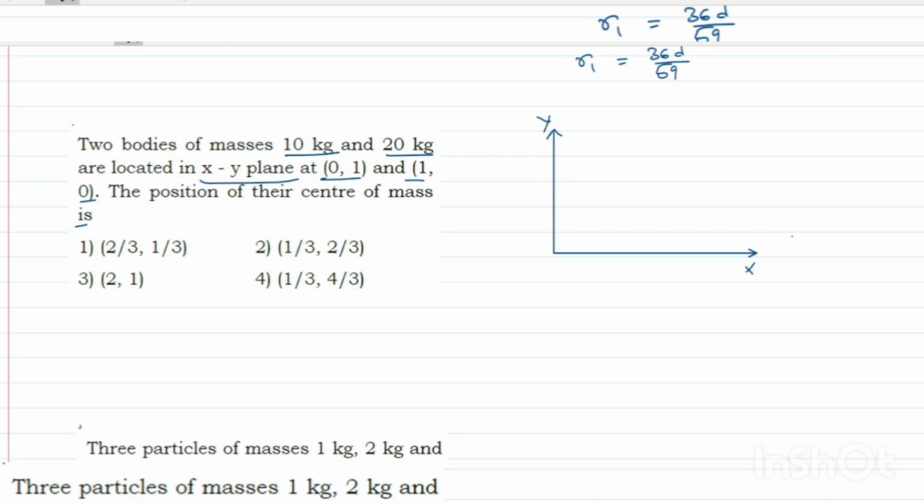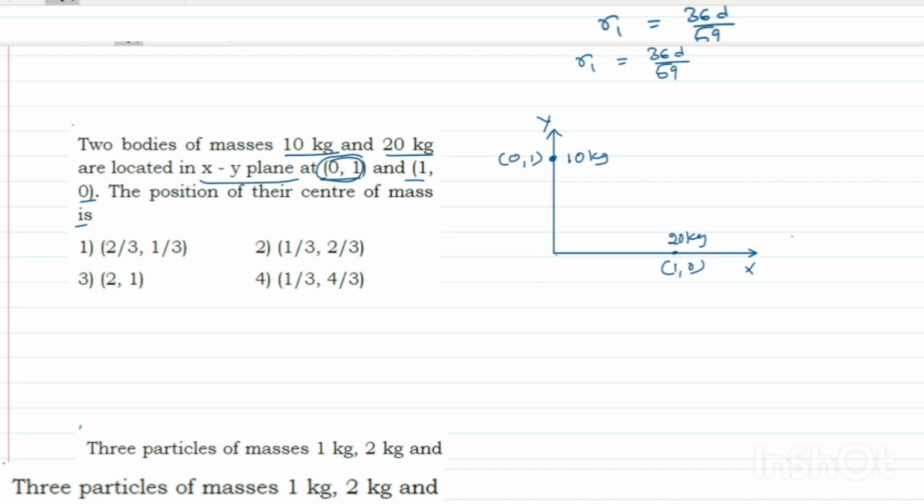One mass of 10 kg is located at 0, 1, so along the x-axis it is 0, and along the y-axis it is at 1 meter distance. The second mass of 20 kg is located at 1, 0. It's lying on the x-axis, so the y value is 0, and for the first mass, lying on the y-axis, the x value is 0.